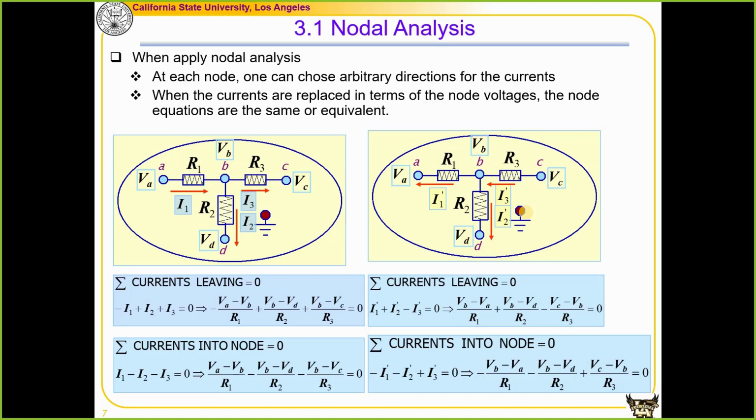But every time we write the current equation, I use the current node minus the rest of the nodes. So for example, I will use VB minus VA divided by R1 plus VB minus VC divided by R3 plus VB minus VD divided by R2 that is equal to 0. So if you follow this convention, it will help you to avoid a lot of mistakes.